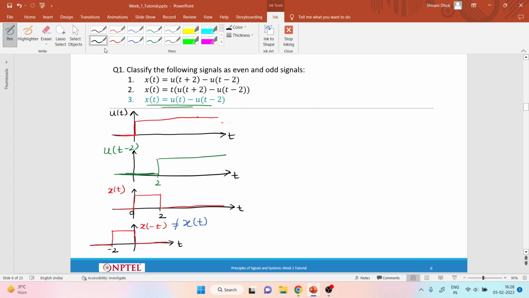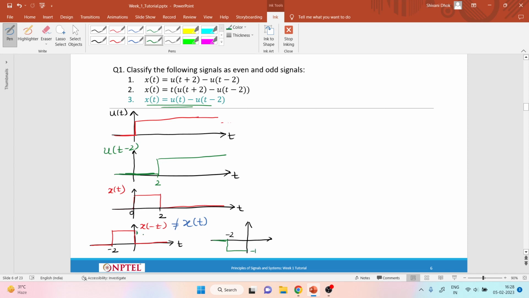Now let us look at minus of x of t. So minus of x of minus t, that will be 0 till t equal to minus 2, and then it will take a value of minus 1.